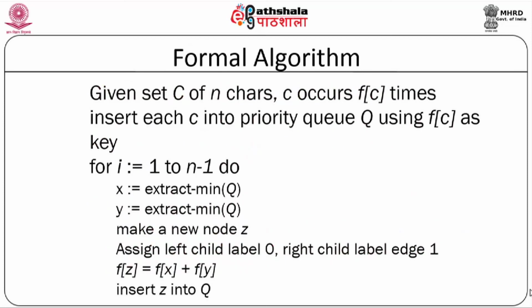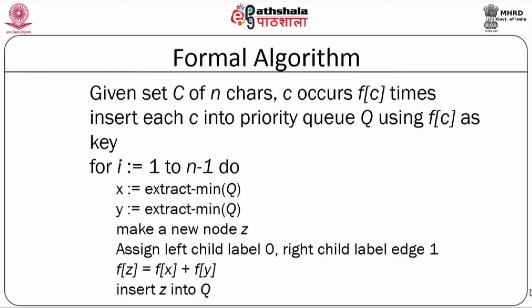So, this is the formal algorithm. You can see that the priority queue is used. Take the character C. What we are doing is putting everything into the priority queue with f of C as the key. Then we extract min from the priority queue.